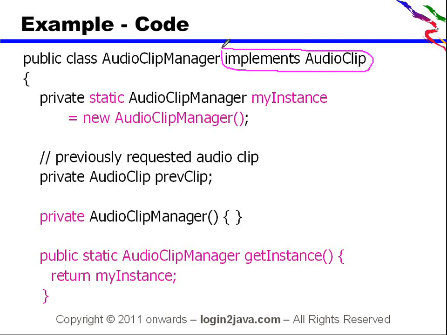There is an interface that this manager is implementing. That interface can have methods like play and stop. It has a private static AudioClipManager, myInstance, the only instance, and as soon as this class gets loaded into the memory, the instance gets created, new AudioClipManager.